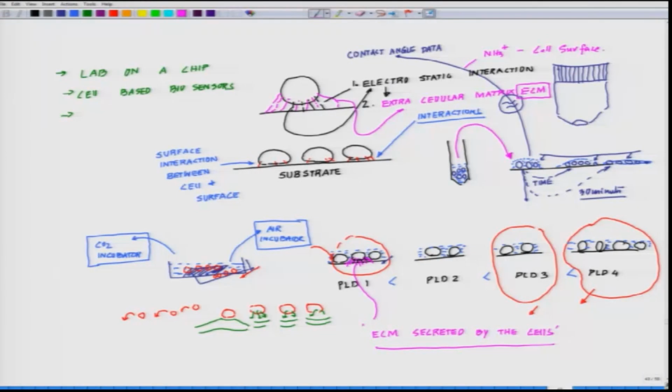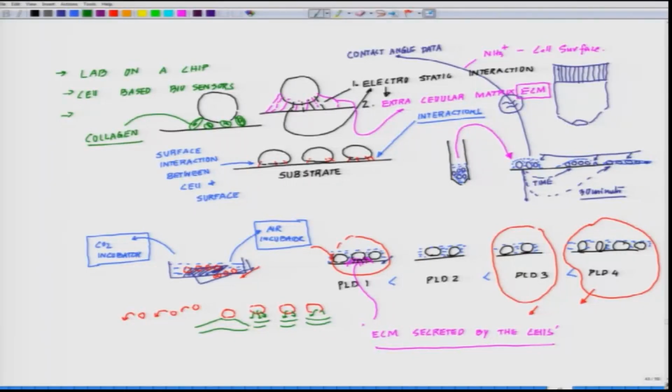Now in this light, I introduce here side by side, that will help you to understand a situation like this, where you have the collagen sitting there. The green one is showing the collagen. The collagen itself is an extracellular matrix protein.